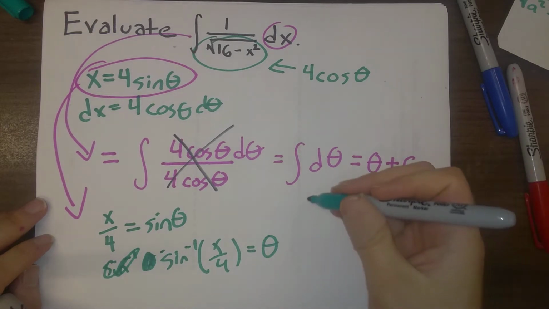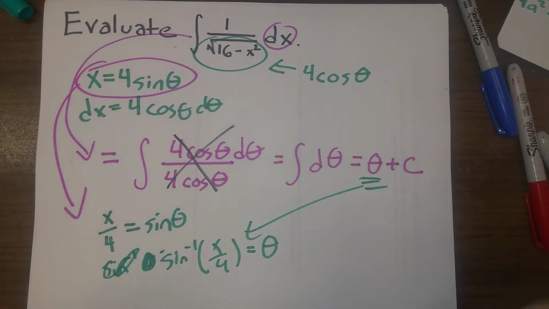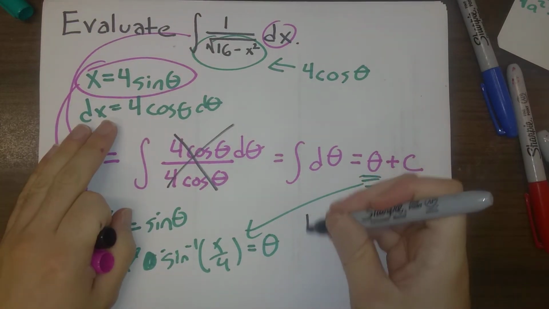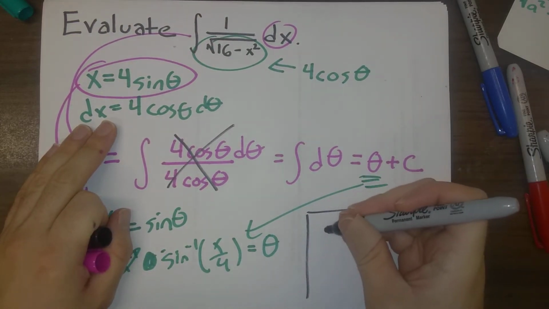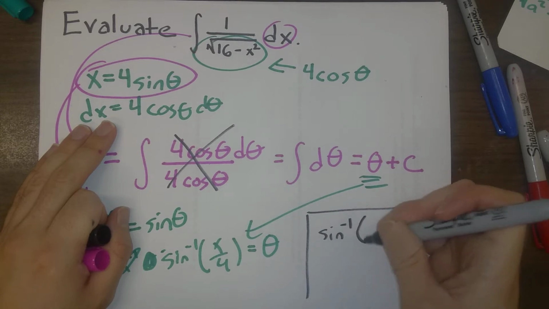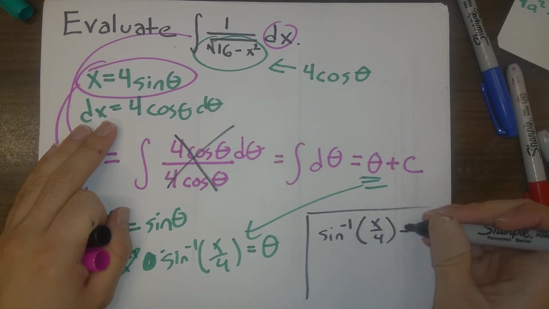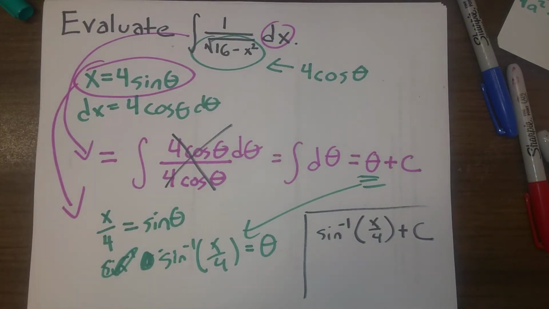And so when we see theta there, we're going to replace it with inverse sine of x over 4. So our final answer is arc sine of x over 4 plus our constant.